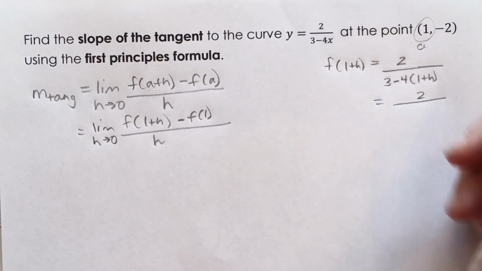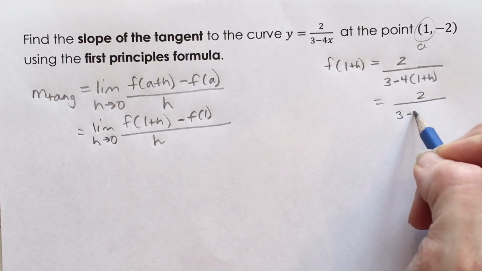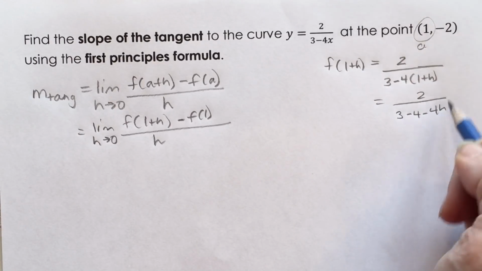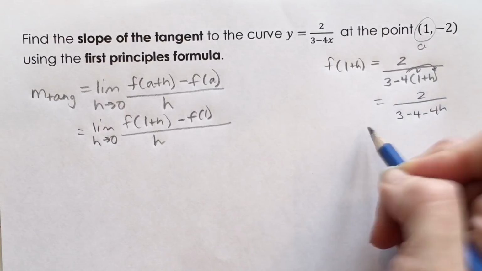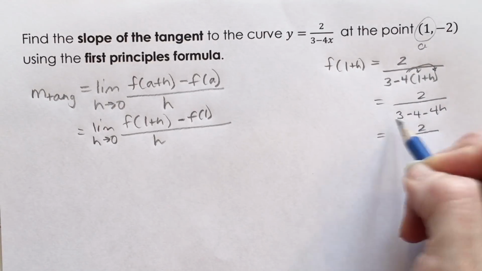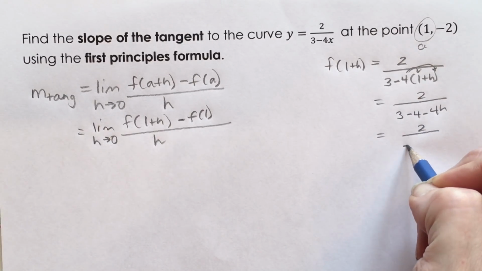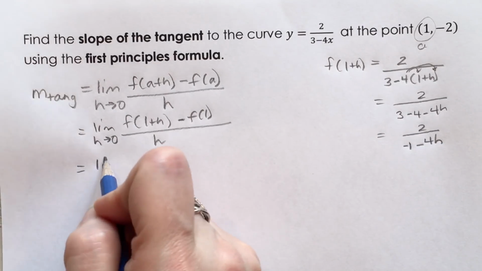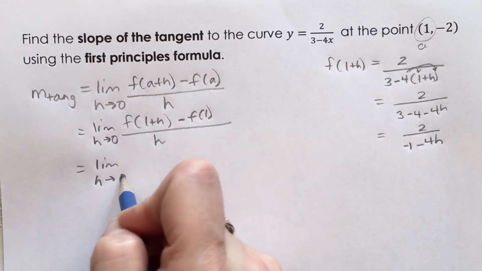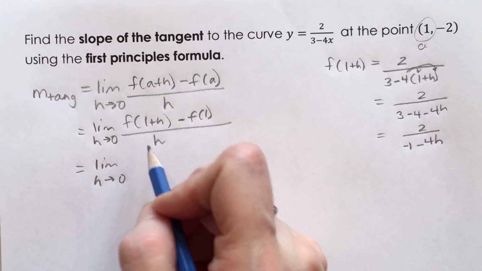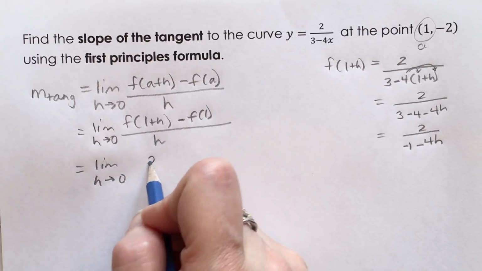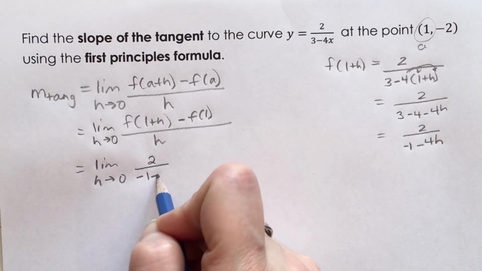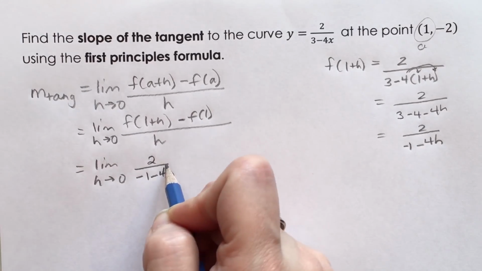So 2 over 3 minus 4 minus 4h if you distribute the negative 4, or 2 over negative 1 minus 4h. So go back to this side. And we can replace f at 1 plus h with 2 over negative 1 minus 4h.